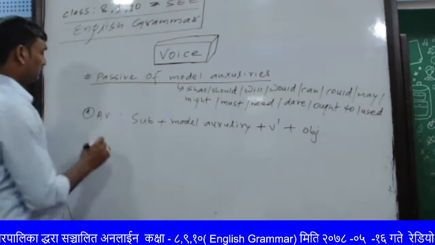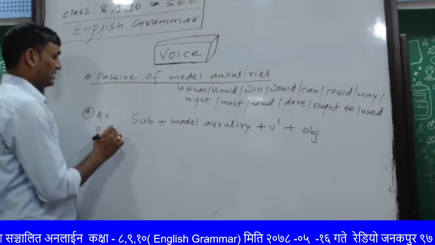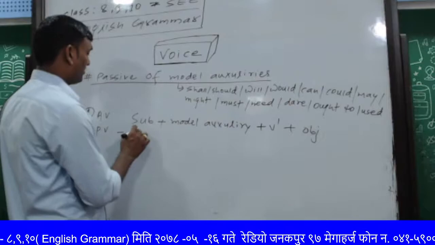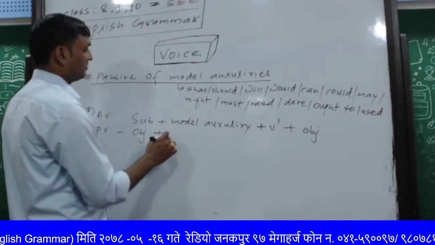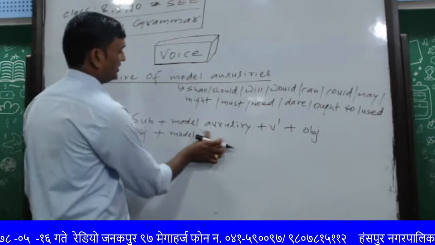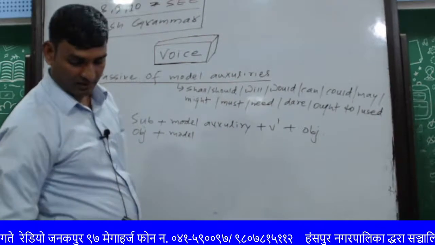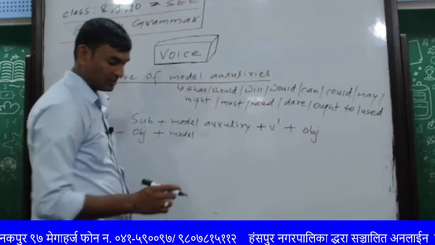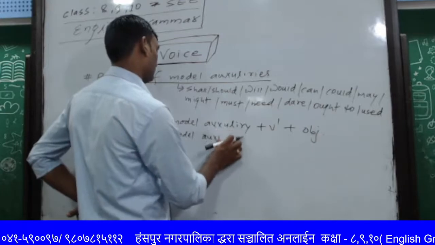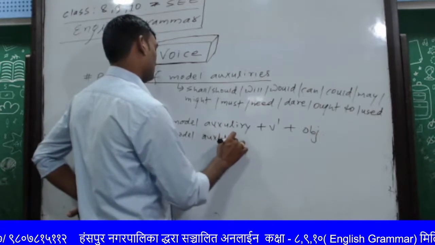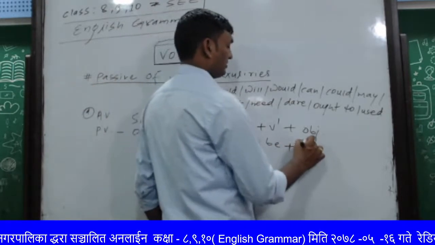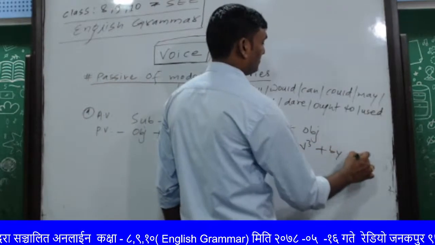Then the passive, PV, is object plus the same modal auxiliary, then be, then V3, then by plus subject.